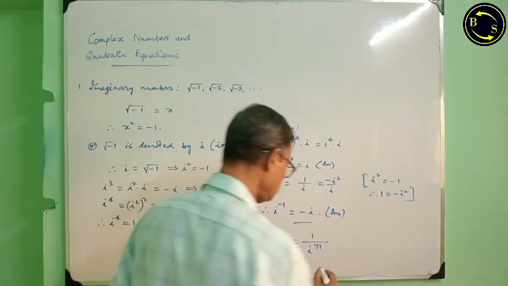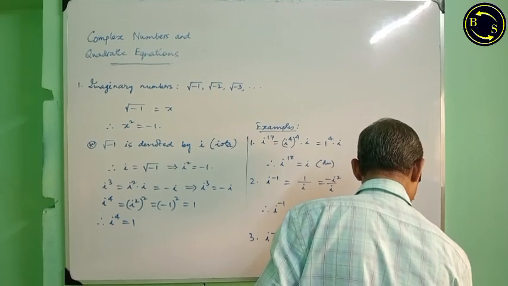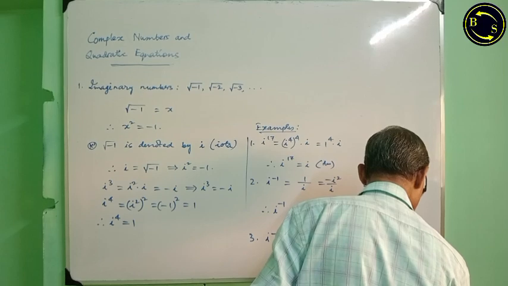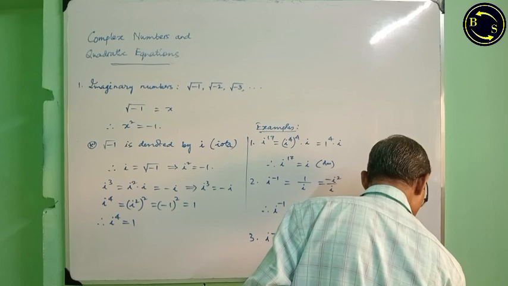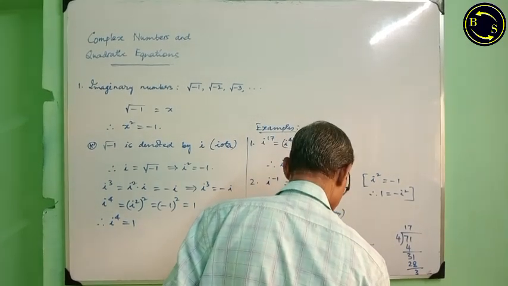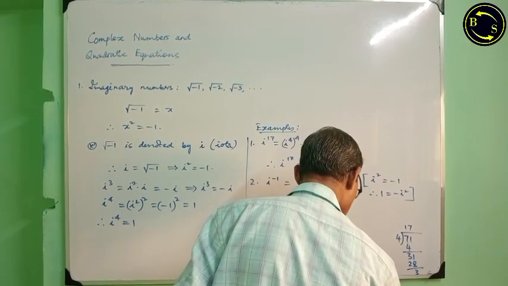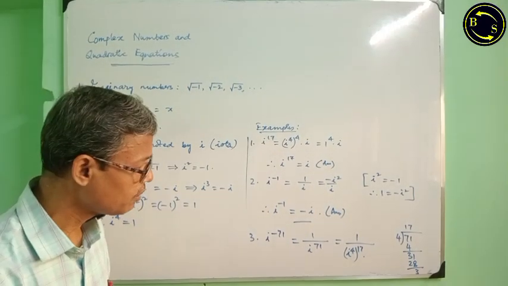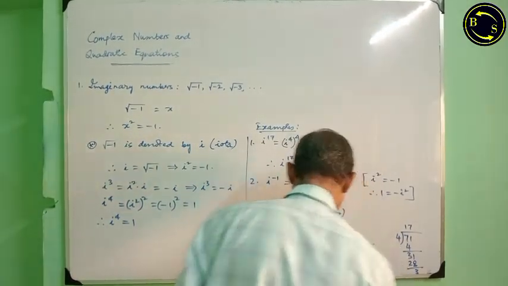Now 71 can be written as 1 by i to the power 4 whole to the power 17. i to the power 4 whole to the power 17 means i to the power 68 into i cube.